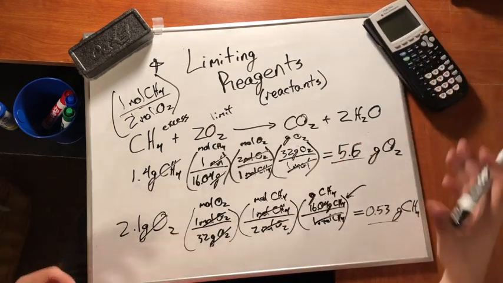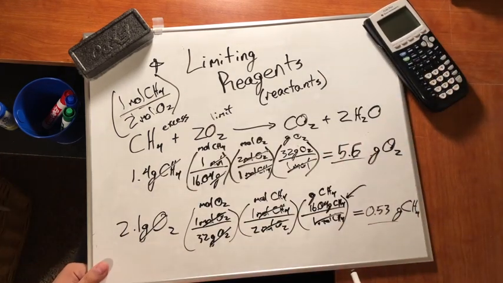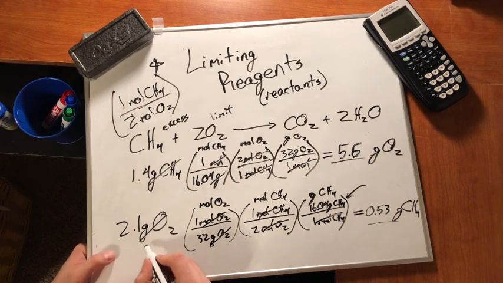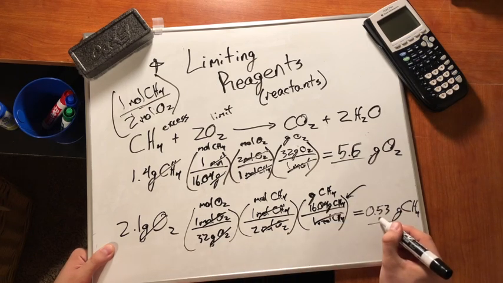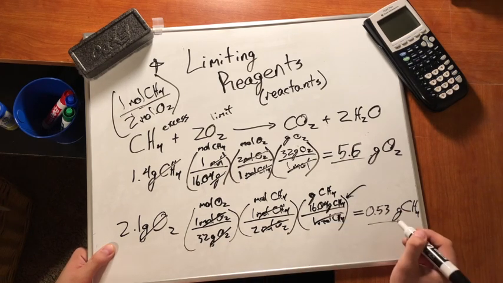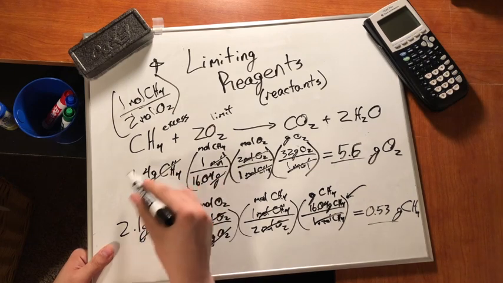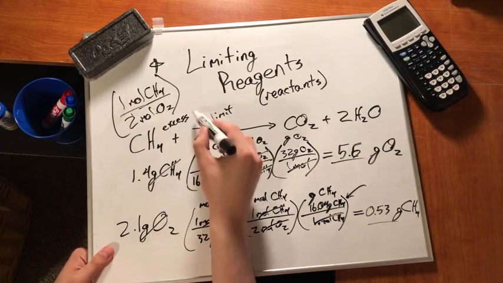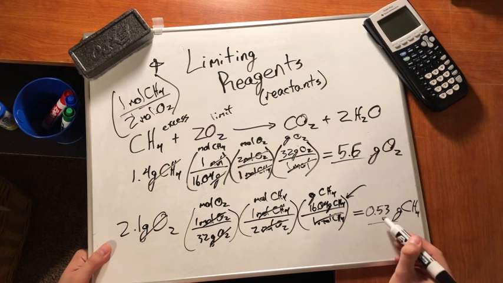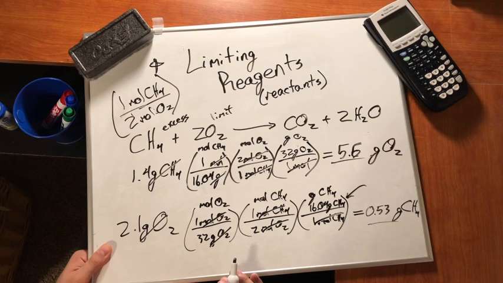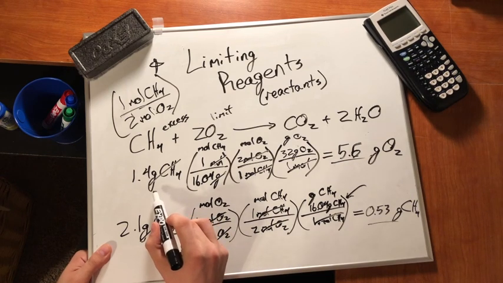So again, what did we figure out? If I want to use up all of this O2, 2.1 grams of it, I need 0.53 grams of methane. And we can definitely tell we've got plenty left over. We said that there's going to be an excess, and we've just demonstrated that here. We only need 0.53 grams to react with all the O2, and we've got almost triple that.